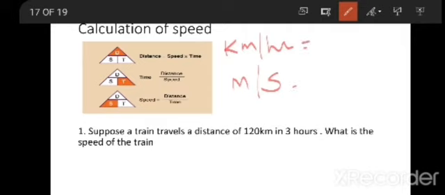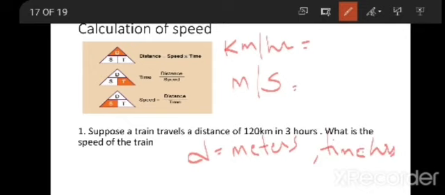Suppose they have given distance in meters and time in hours. You have to convert one of them. You should convert meters into kilometers, then only you will get kilometer per hour units.